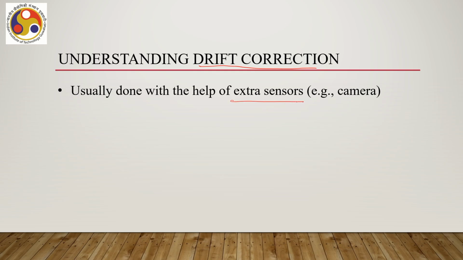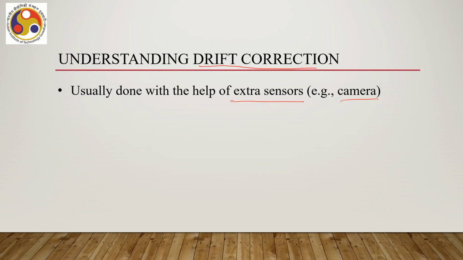So far we are talking of only gyroscope, but in this case we may be using other sensors such as a camera. In case of IMU, we can use accelerometer and magnetometer readings for drift correction in addition to the gyroscope value. But in general, drift correction requires use of other sensors.